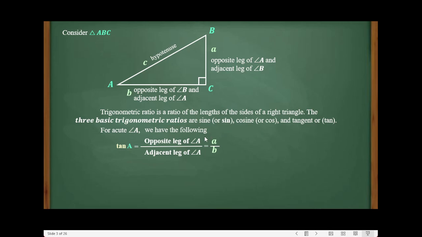So tangent of A is equal to a over b, which is the ratio for tangent of angle A.